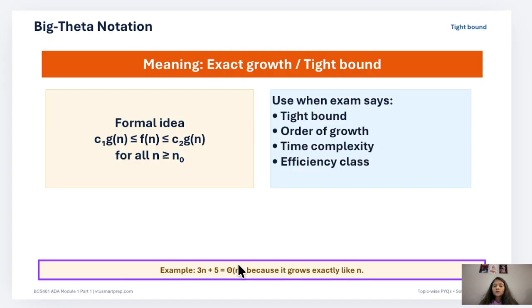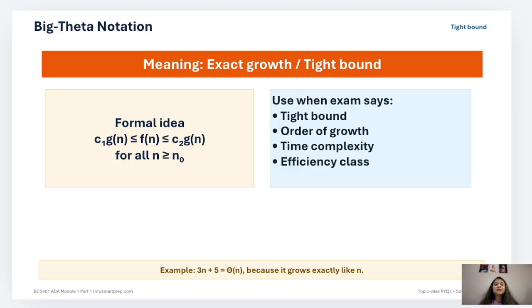Okay, next we have big theta notation. So we have to understand that big theta notation is going to give you the tight bound. The simple meaning is theta means exact growth. Whatever the exact growth is, it is going to be told by the theta notation. So here is the formal idea.